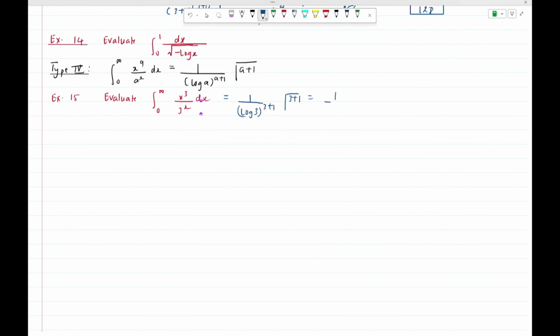So this is 1 divided by log of 3 raised to 4, times gamma of 4. Now don't apply the property of log and get this power 4 as a multiplier to log of 3. So we can finally simplify this as gamma of 4 is 3 factorial, which is 6. So this is going to be 6 divided by log of 3 raised to 4.